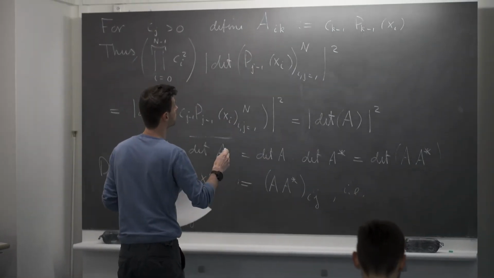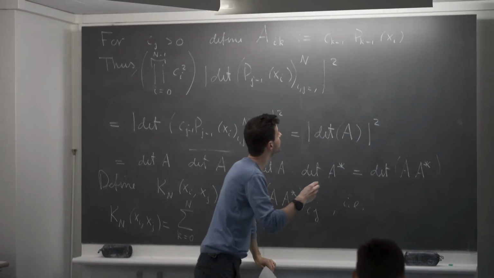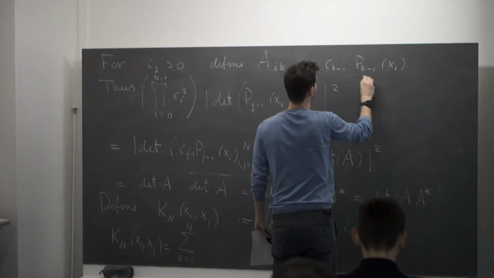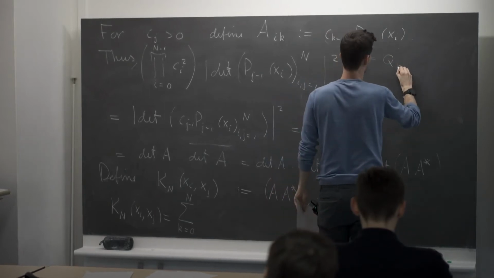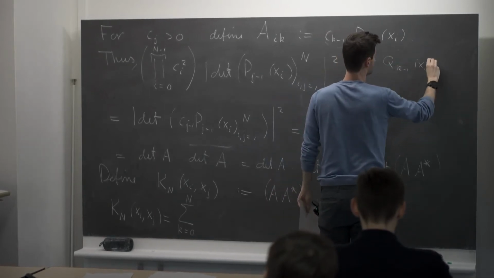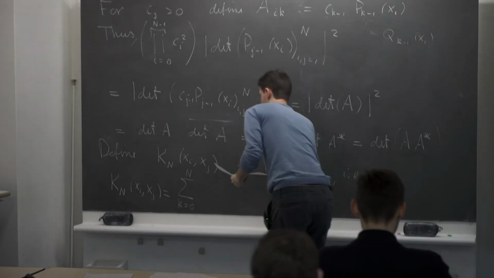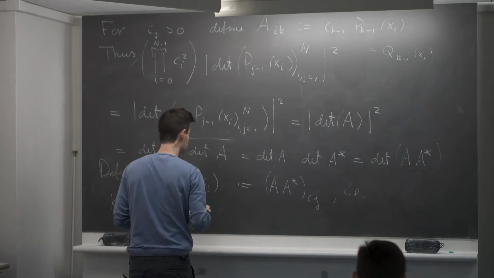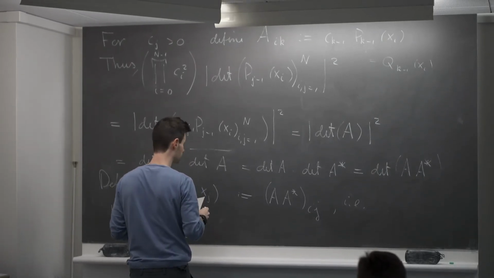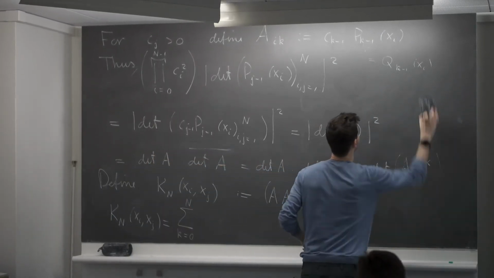And I would like to call this polynomial, this I will call q, k minus 1 of xi. So this is going to be equal to, well, maybe I'll do that in a second step.